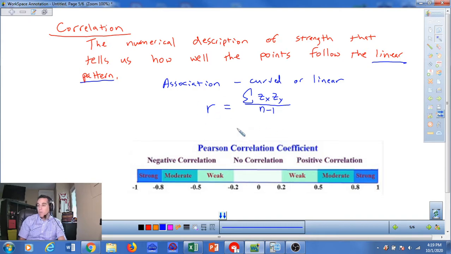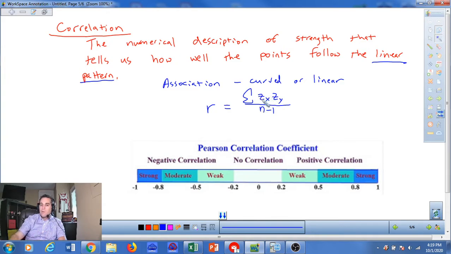That is how we do correlation. You guys, we are not going to do it by hand, okay? Again, remember, we are the interpreters. We are not going to sit here and do something that I can program a computer to do.